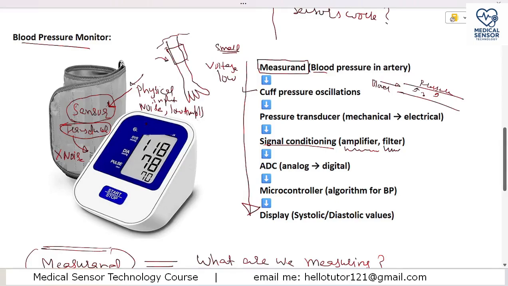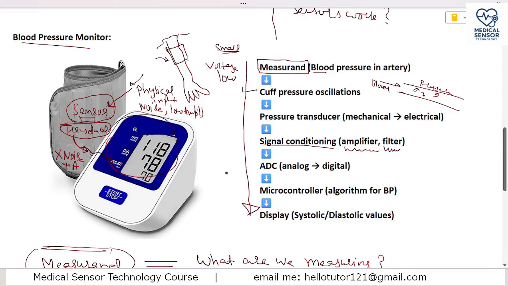It goes into the sensor, then there is another device inside it, the signal conditioning. It has deleted the noise and increased the amplitude. Now it goes into this device.